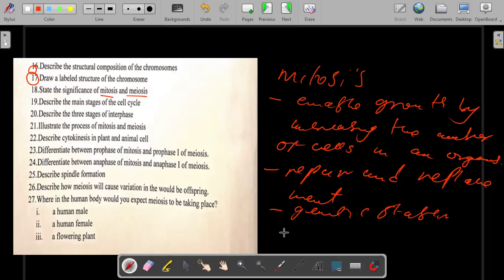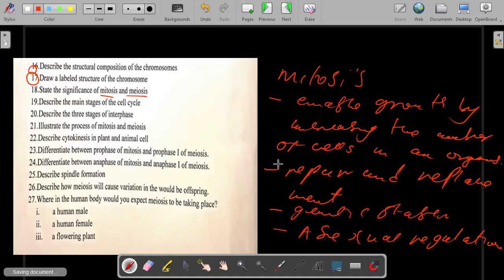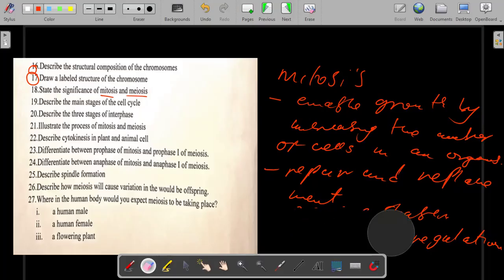The other thing, you know that mitosis happens in asexual reproduction, so it allows asexual reproduction. If you have an organism which undergoes asexual reproduction, it is through mitosis. So these are some of the significance of mitosis there.